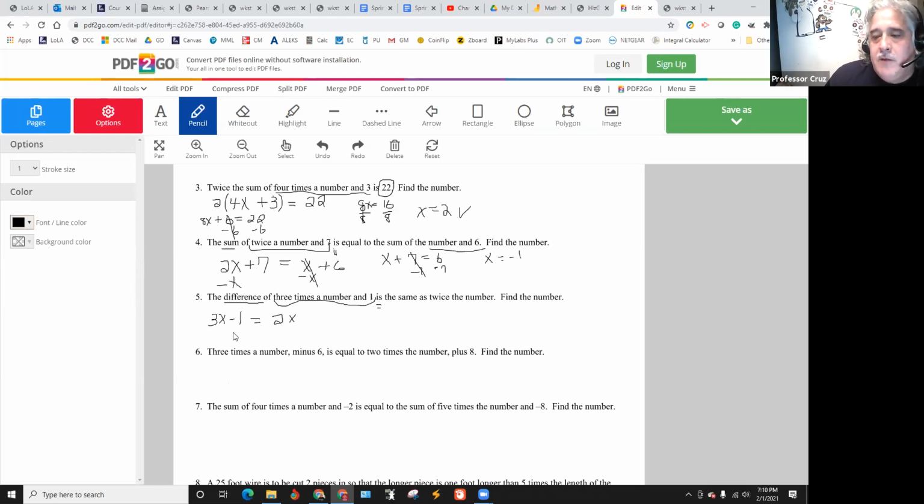All right, so this one's going to have only one number. So it's 3x is equal to 2x plus 1. This one's not going to be that hard because when we subtract the 2x, it's going to give us a plain old x there.